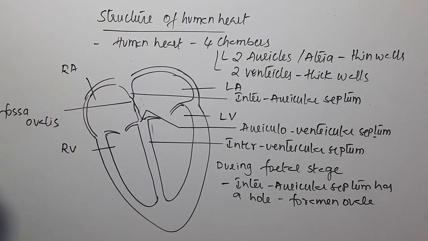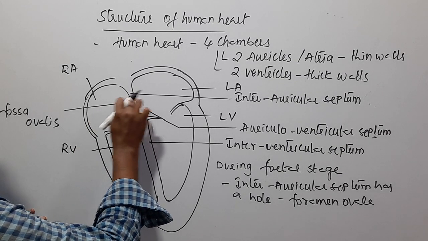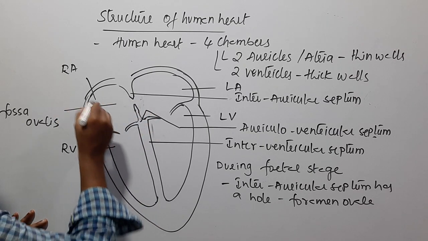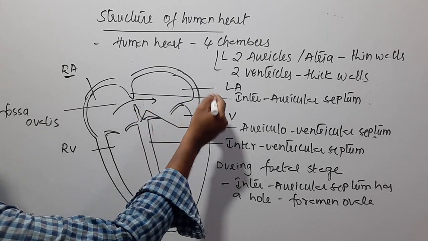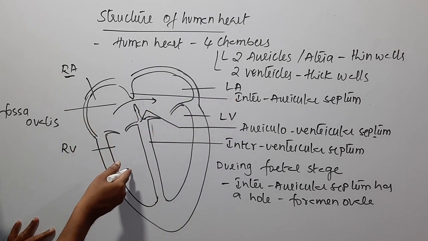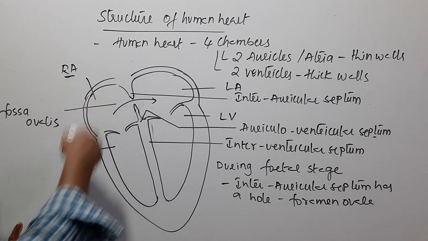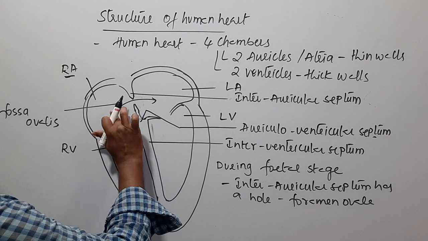As the lungs are not functional in the embryonic stages, there is a hole, and the blood which reaches the right auricle passes directly into the left auricle, without passing into the right ventricle and then to the lungs. As I told, the lungs are not functional in the embryonic stages.